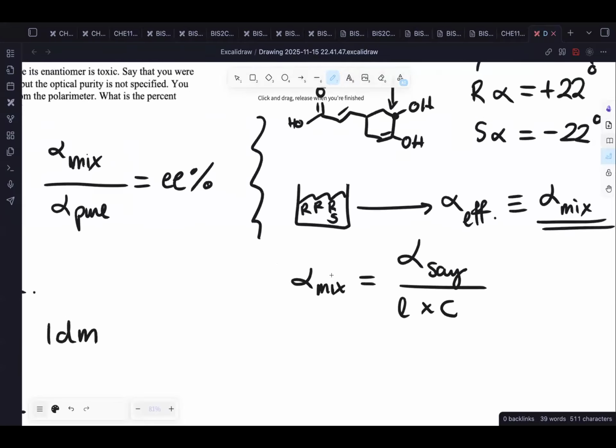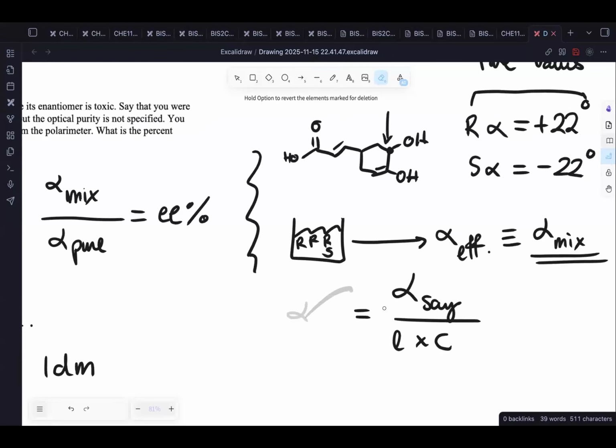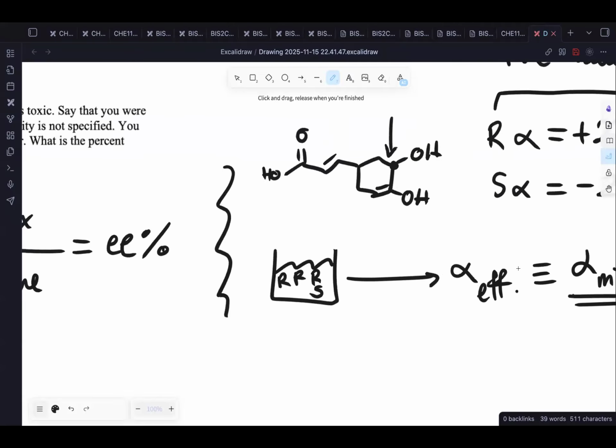Oh, I'm so sorry, that alpha mix is over here. So let me quickly backtrack so that I don't confuse anyone. Like I mentioned over here, when you make a compound, you're going to have a mixture of different isomers. So we want to observe the rotation of the whole system. That's what we call alpha mix.